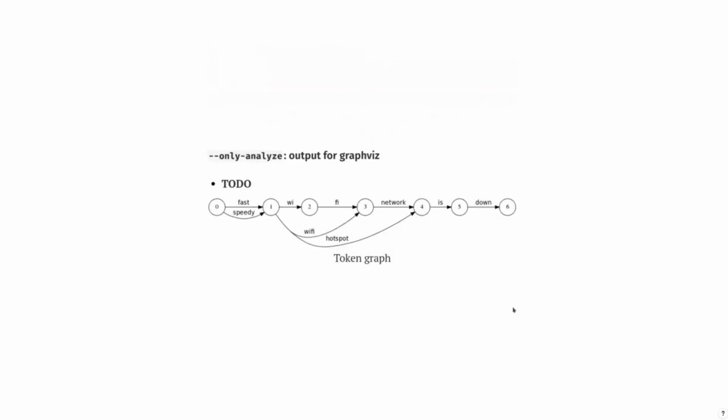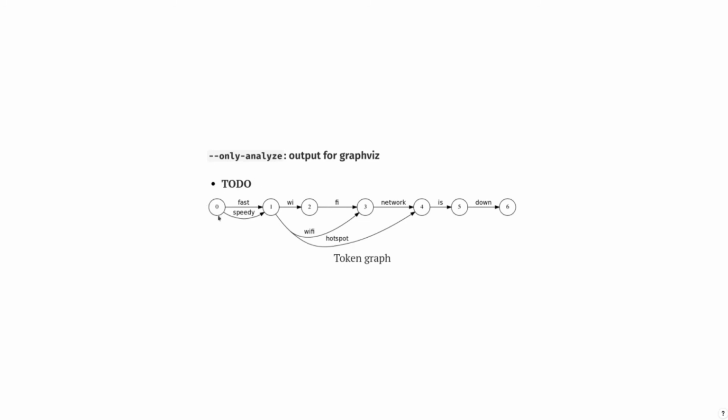And also for future work, what I most likely will try to implement, and not that far in the future, is to output the tokens as an input compatible with the GraphViz library. And why do that?